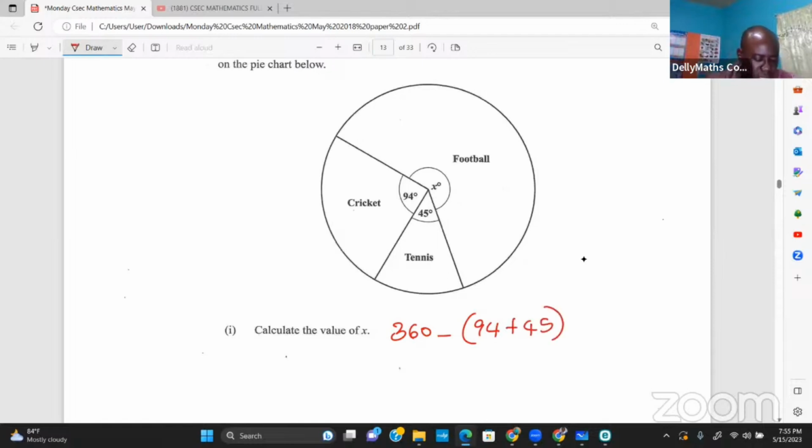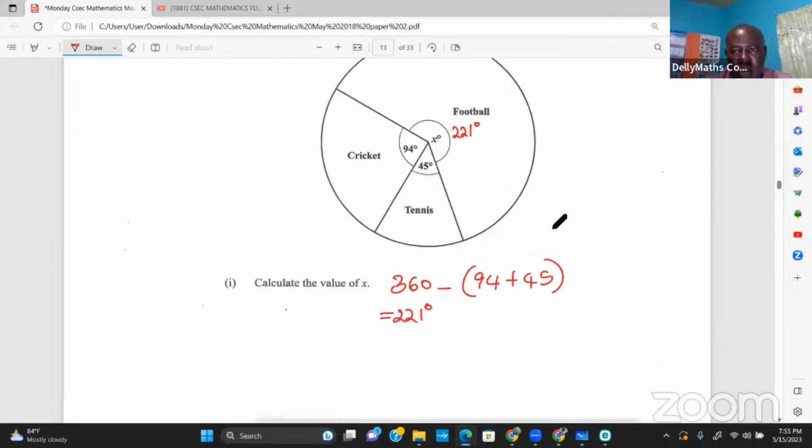So if I take those from my 360, whatever I'm left with would have been this. So we have 221 degrees. We're utilizing the circle idea there.